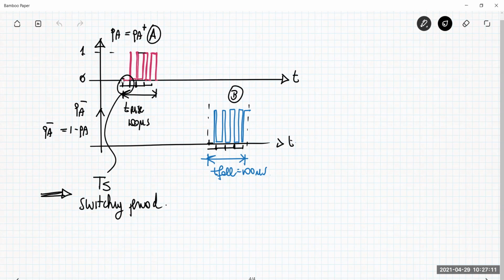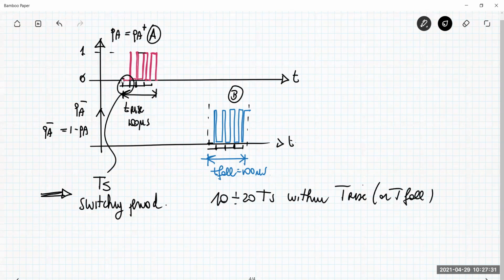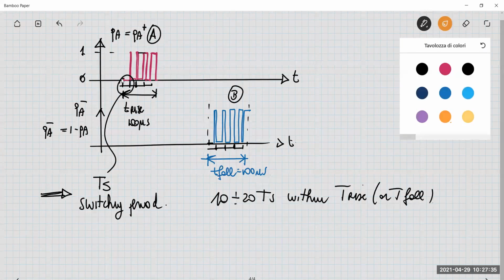So typically 10 to 20 switching periods, 10 to 20 TS, within T-rise or T4. Let me choose 20.